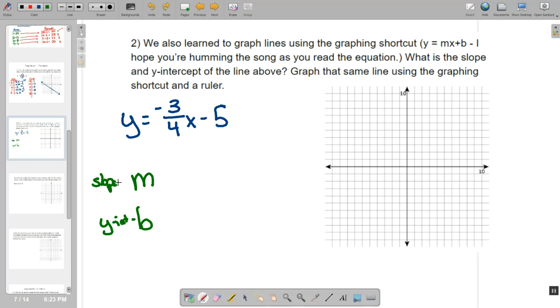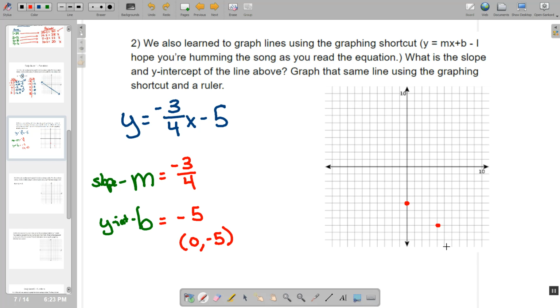We can use that to then graph almost immediately. Well, in this problem, our slope is the m, which is -3/4, or rise -3 and run 4. And our b is -5, which is the ordered pair 0, -5.